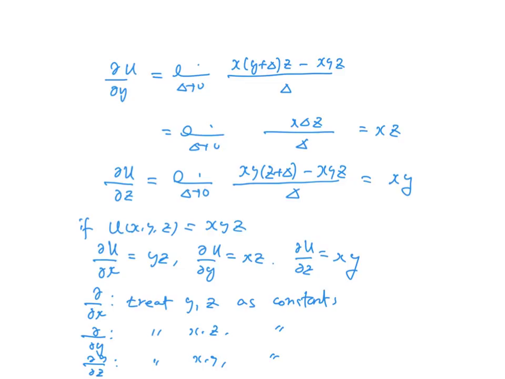So let's make another example. I'm still writing too fast. For example, another example: u equals x squared plus y squared plus z squared. So what is partial u over partial x?